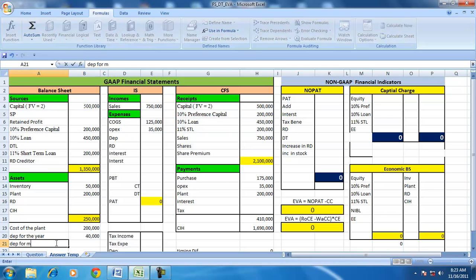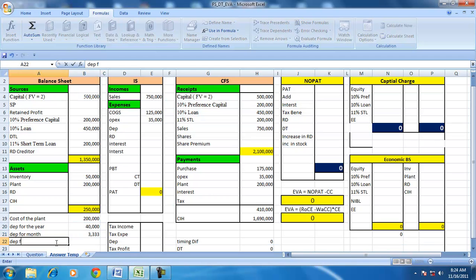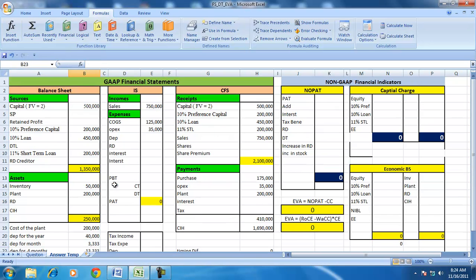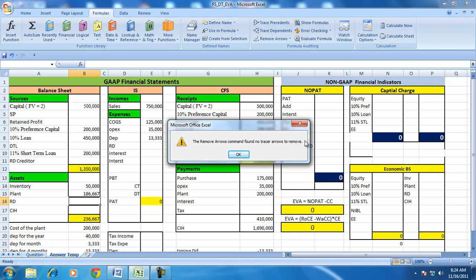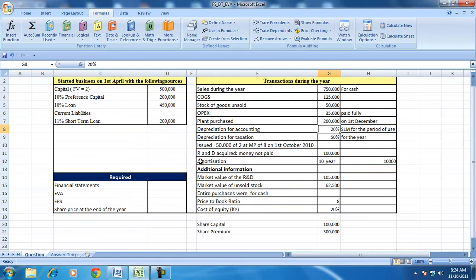Depreciation for the month is divided by 12, and depreciation for 4 months is into 4, so 13,333 is the depreciation for the period, and to that extent the value of the asset will reduce, because depreciation is a reduction in the value of the fixed assets. Depreciation for the purpose of taxation is different, but we'll consider that while determining the taxable income.